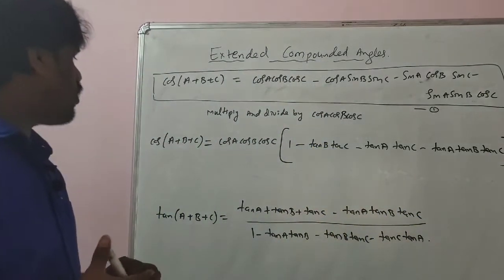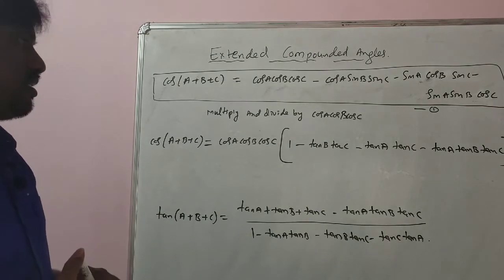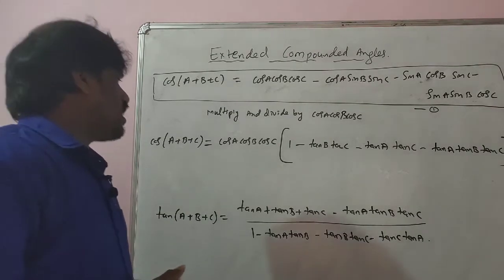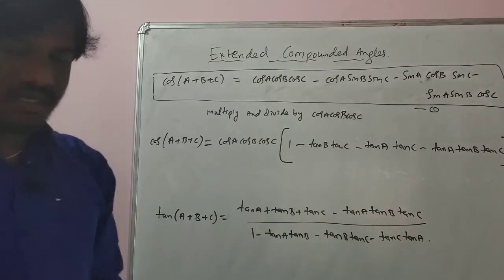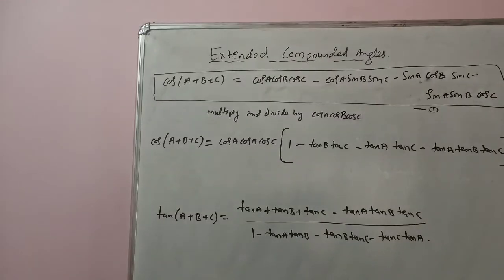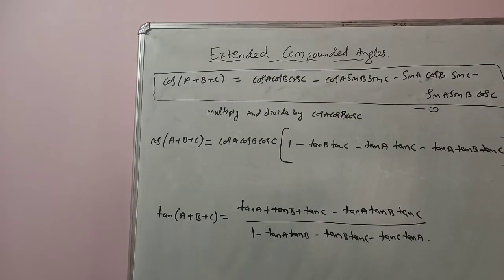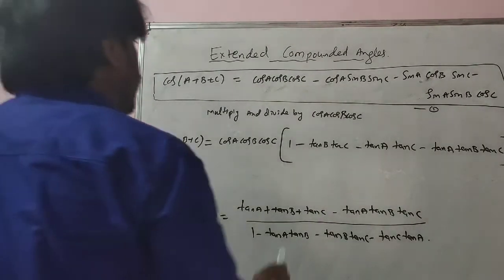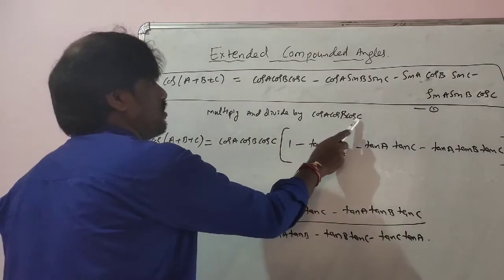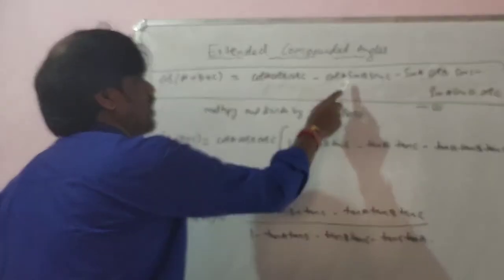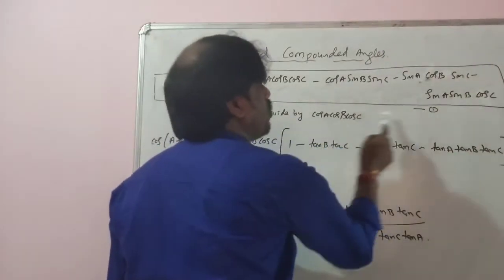So the formula of cos(A+B+C) we can write as cos A cos B cos C. Let me check, I think there is one mistake. When I divide by cos A cos B cos C, here I got 1, here I got tan B tan C, here I got tan A tan C. When you divide here, cos C cancels.